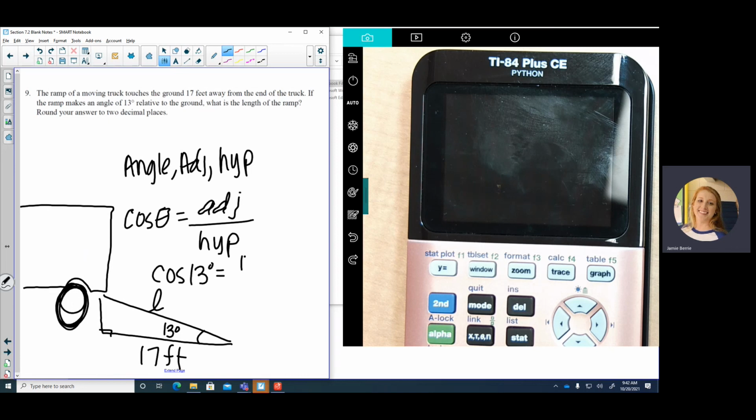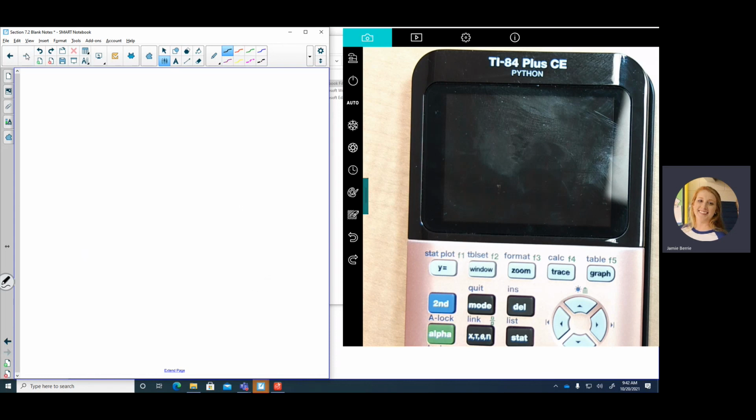Adjacent is 17. Hypotenuse is L. All right, so here's one that we haven't done before. Let's go to the next page, and we're going to write cosine 13 degrees equals 17 over L.